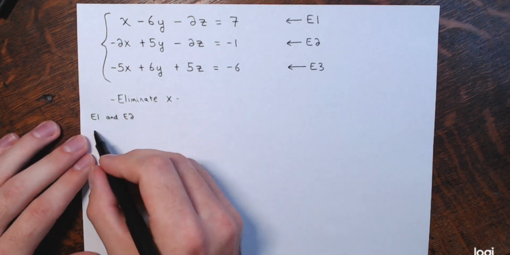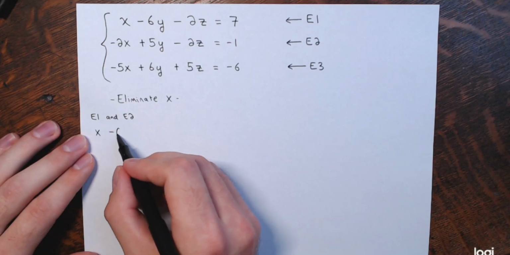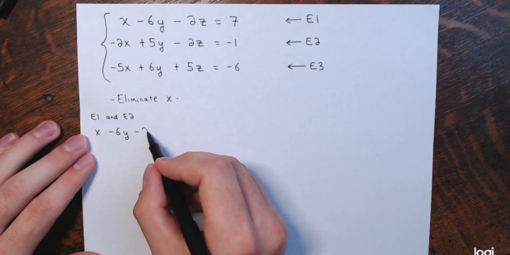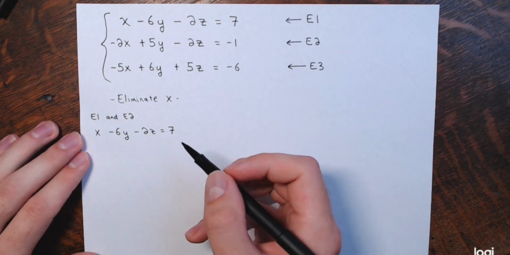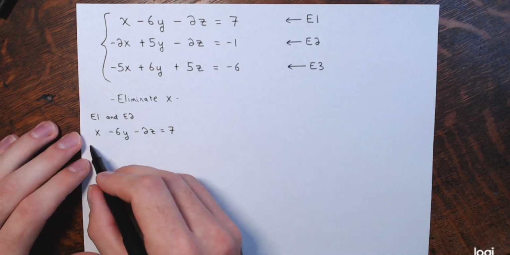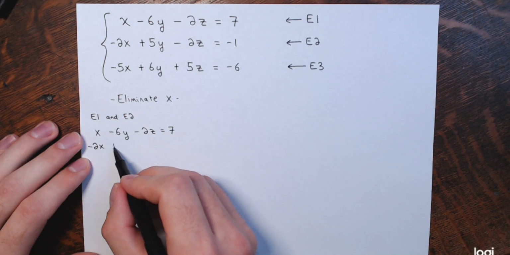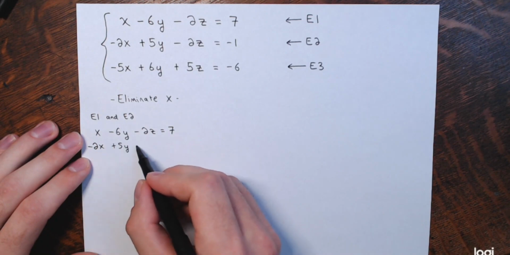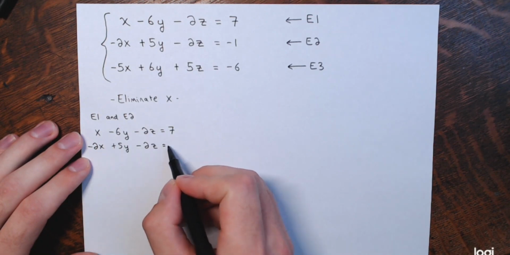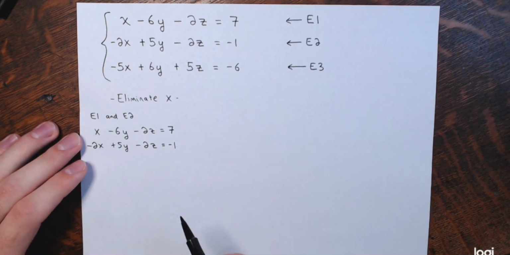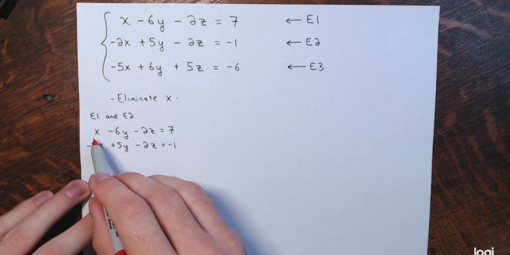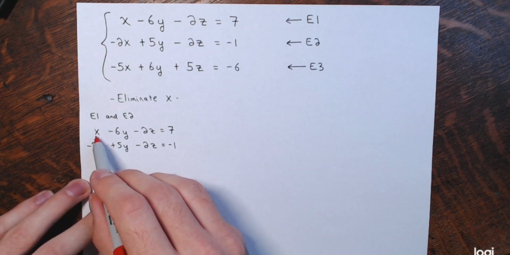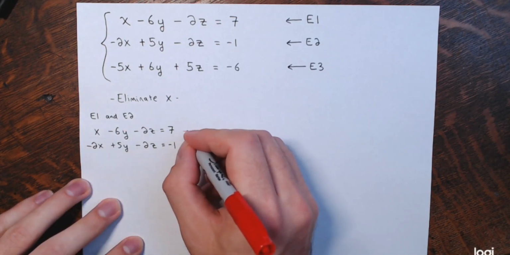All right, so we have equation 1, x minus 6y minus 2z equals 7. Then equation 2, negative 2x plus 5y minus 2z equals negative 1. Now again, I'm choosing to eliminate the x's here, so all I would need to do that would be multiply the top equation by 2.